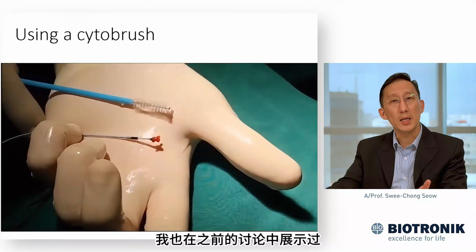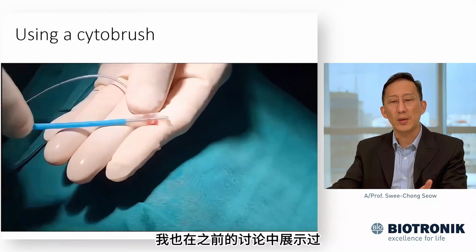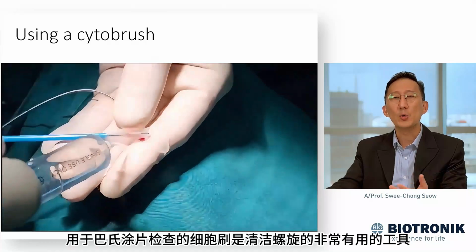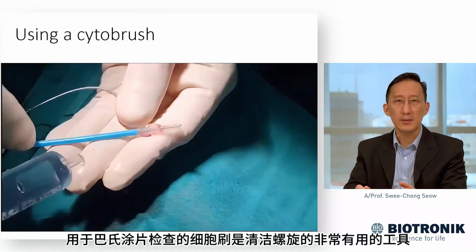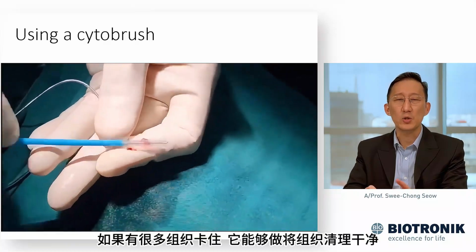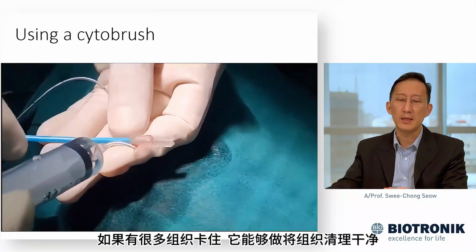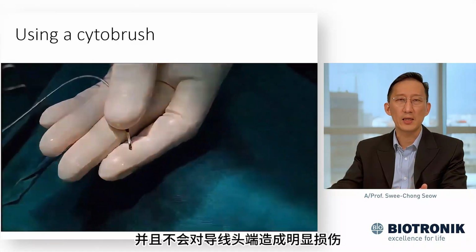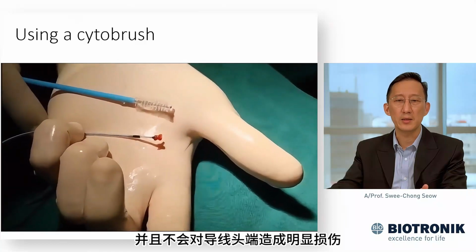I also showed earlier in my first talk that the cyto brush, which is used for pap smears, is a very useful way to clean the helix free of tissue if you have a lot of tissue stuck in there. And this is able to do so without significant trauma to the lead tip.